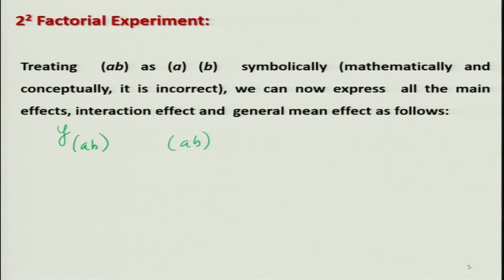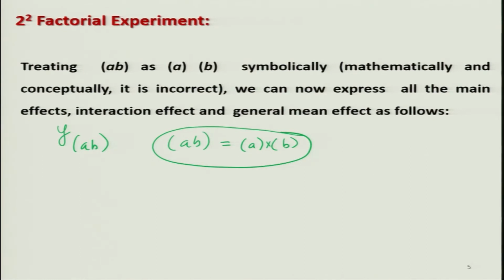So many times we will be writing this directly as AB, and just to simplify the expression, sometimes we will be considering this AB as if it is an algebraic term like A into B, or A multiplied by B. It is not correct, because I am not considering this thing. But just for the sake of simplicity in understanding, in order to simplify many complicated expressions, sometimes we will use this sort of trick, for the sake of convenience.